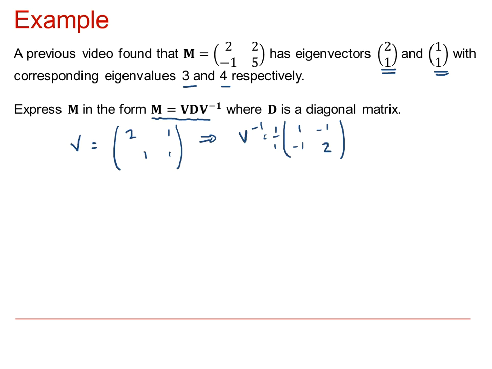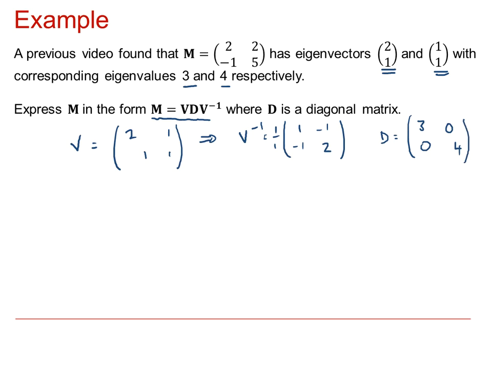The diagonal matrix that we need, D, is made up of the eigenvalues on the leading diagonal. Now it's crucial to get the eigenvalues in the correct order, so in this particular case, the way we've written V, we need 3 in the first element and 4 in the second one on the diagonal, and the rest will be zeros.